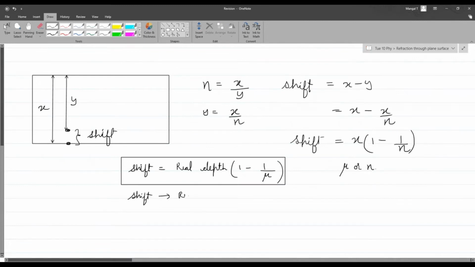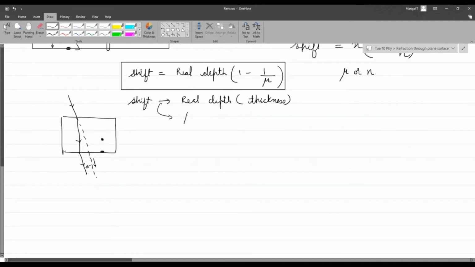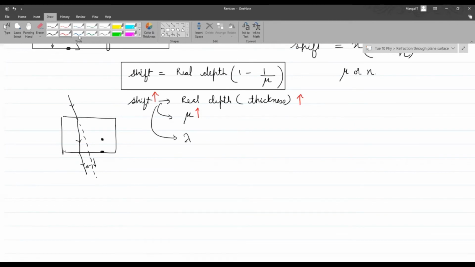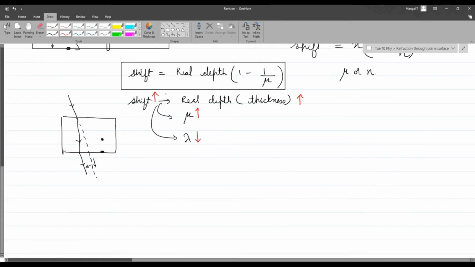Shift depends upon the real depth. It depends on the refractive index. So more thickness, more shift; more refractive index, more shift. And it also depends on the wavelength. We know that shorter wavelength means more refractive index, so shorter wavelength shows more shift.